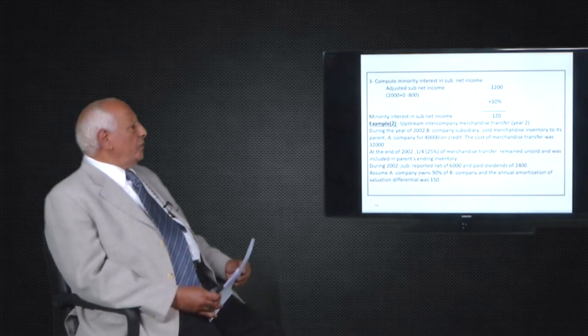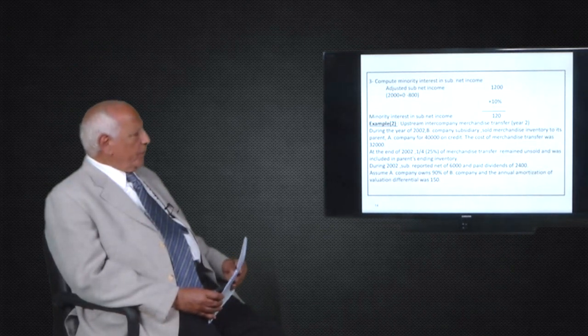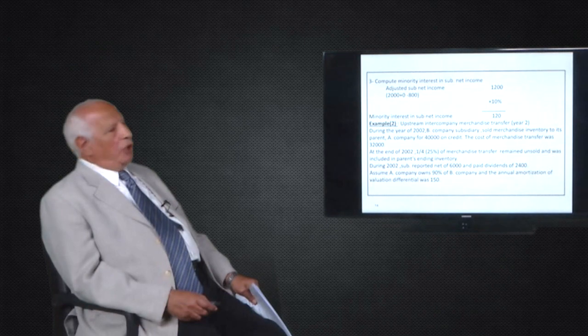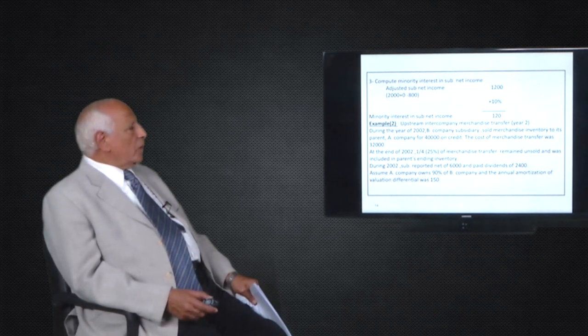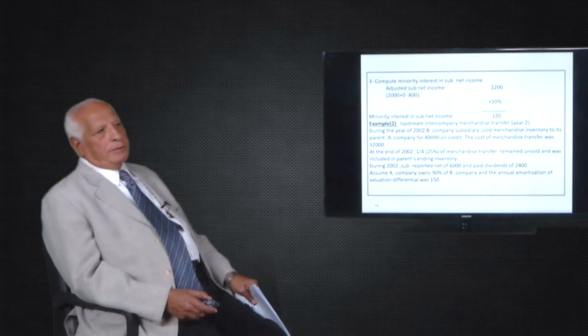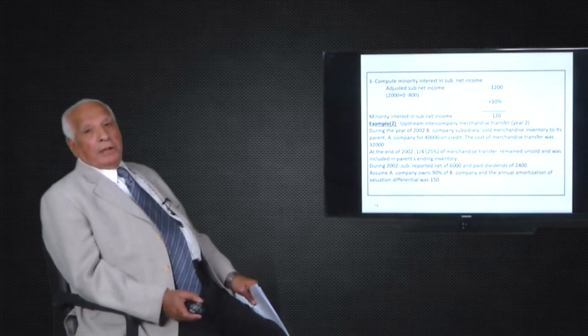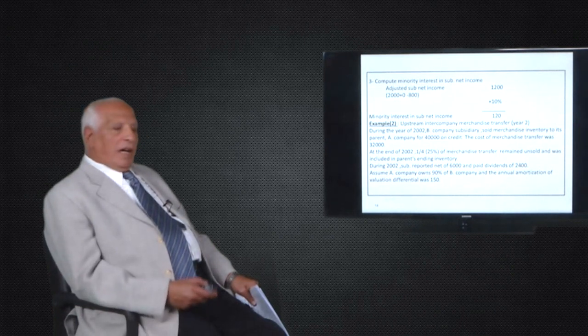At the end of 2002, second year, 1/4 of the merchandise transfer, which is 25%, remained unsold and was included in the parent's ending inventory. Okay. During 2002, you have to read this example.